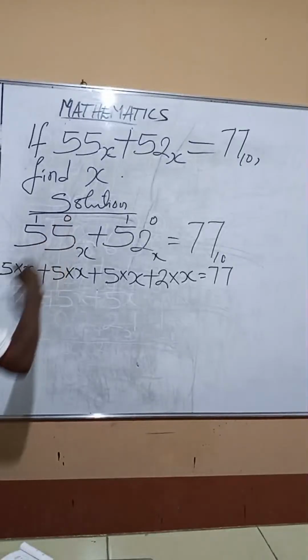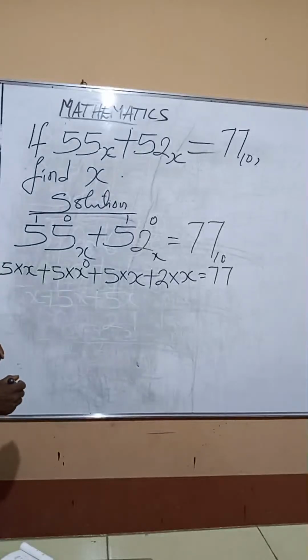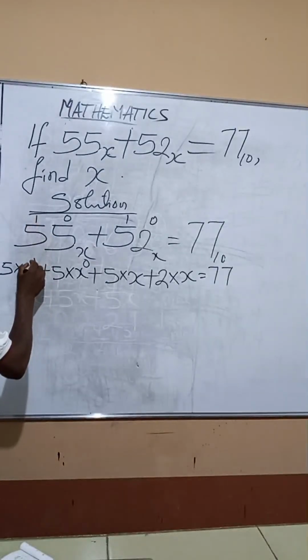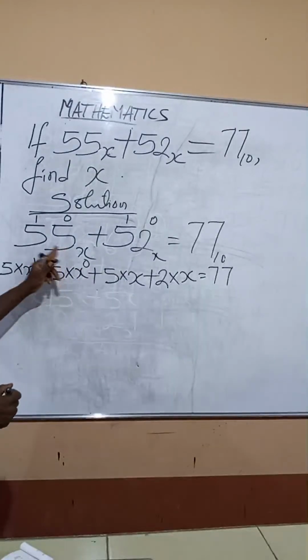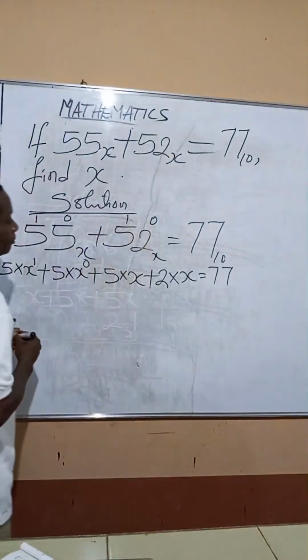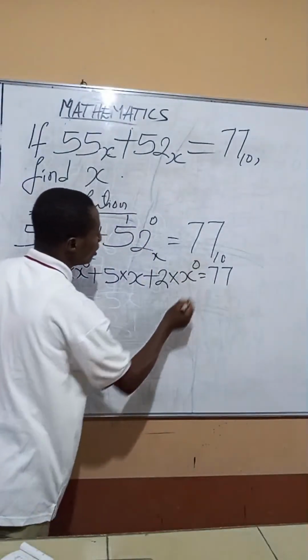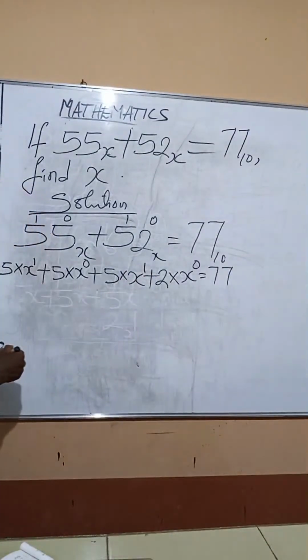So let's put 0 on x here, then we'll put 1 on x here. These are the exponents of x. We're multiplying 5 and 5. Do the same to this point here: put 0 here as the exponent, then 0 here as the exponent.